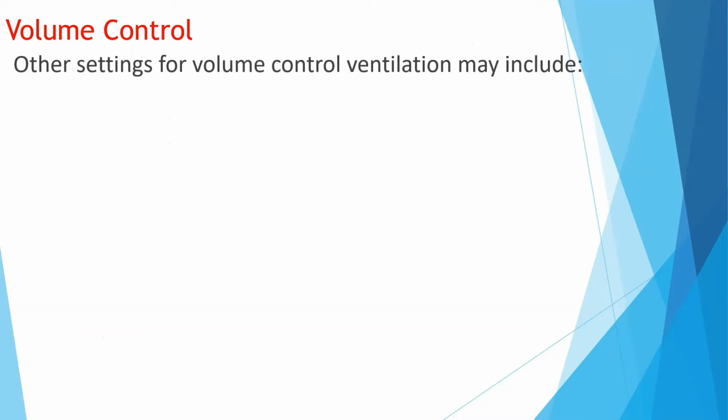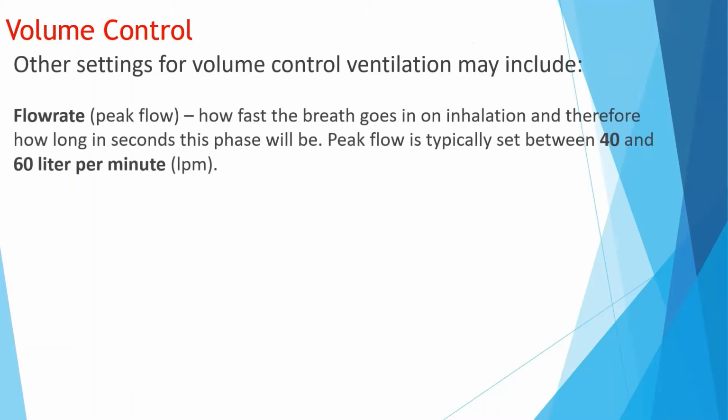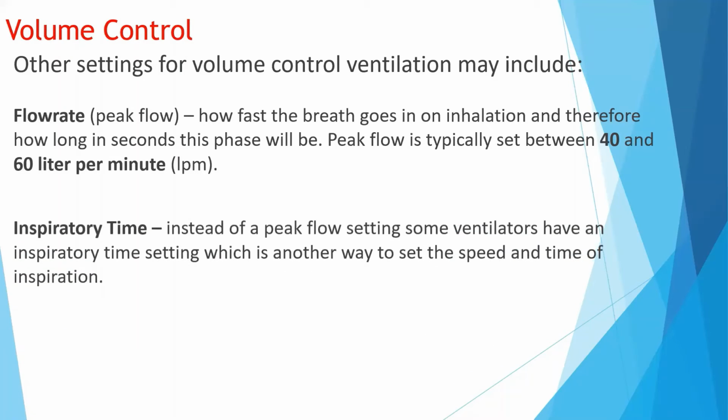Other settings include the flow rate, also called a peak flow. This is how fast the breath goes in on inhalation, and therefore how long in seconds this phase will be. Peak flow is typically set between 40 and 60 liters per minute. Inspiratory time.